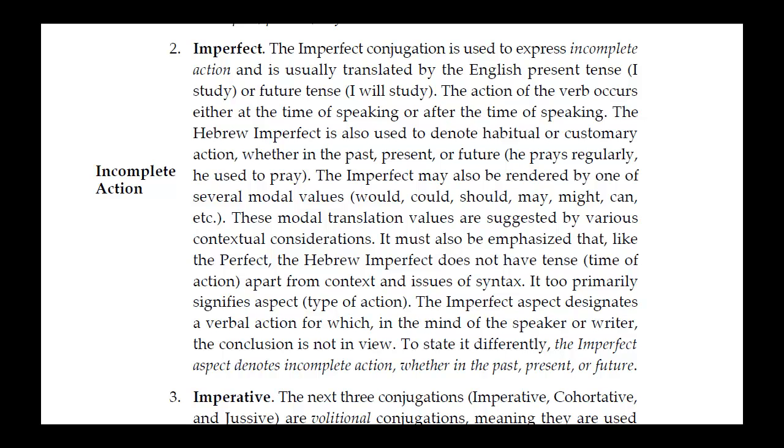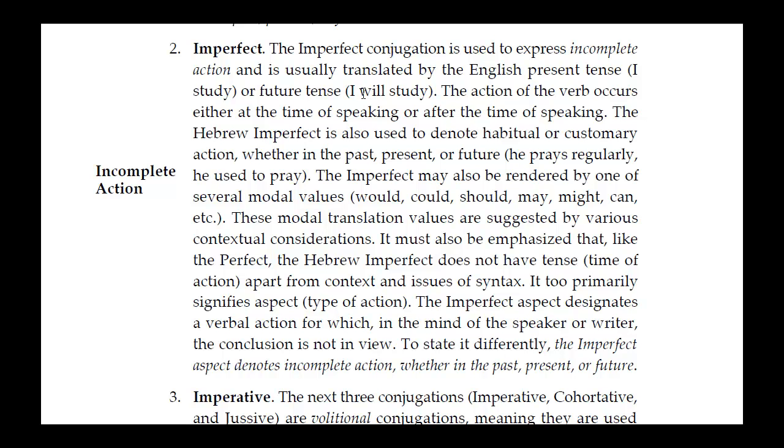Now, the imperfect verb denotes incompleted action. The imperfect denotes incompleted action, whether it's in the past, present, or future. And we would render in English translation different usages here. For example, the imperfect, we would say, I will study.